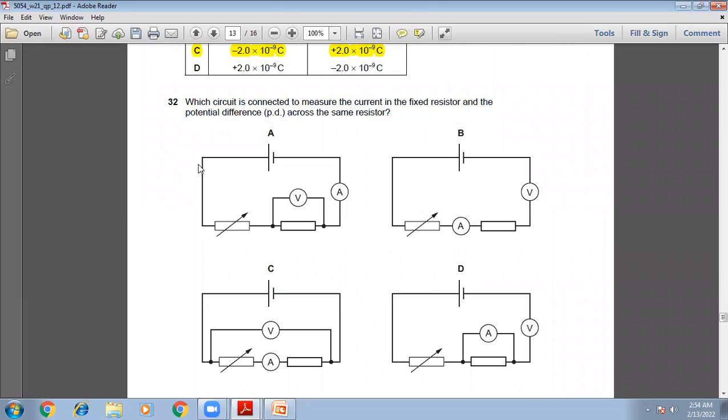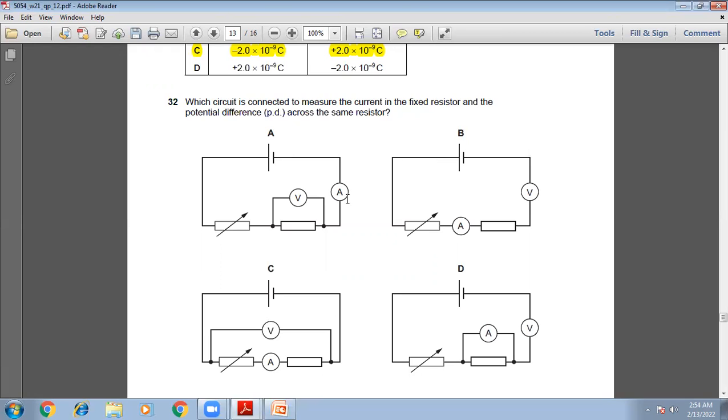Which circuit is connected to measure the current in the fixed resistor and potential difference across the same resistor? If you want to find out the voltage drop, you put a voltmeter parallel to the fixed resistor. If you want to find out how much current is flowing, then you connect the ammeter in series with the fixed resistor.